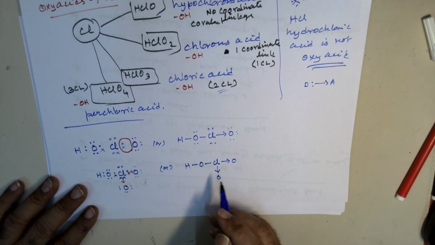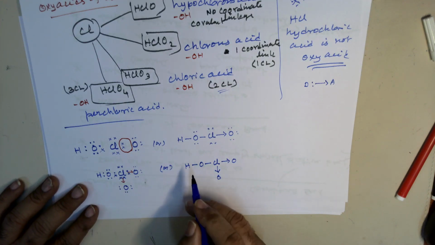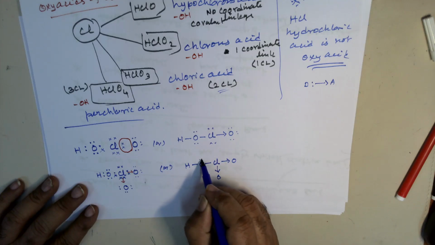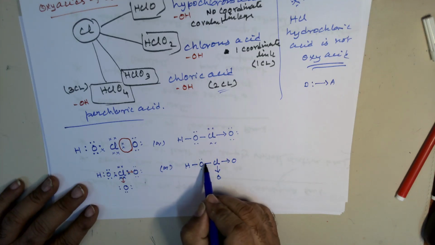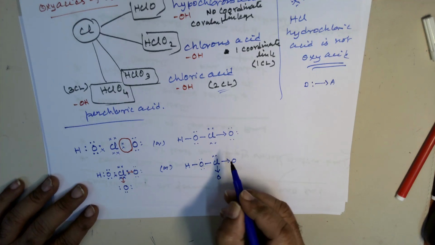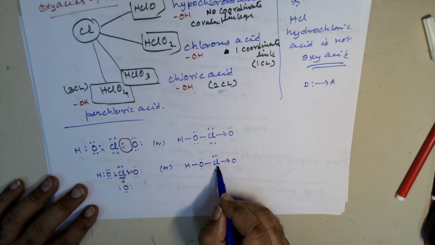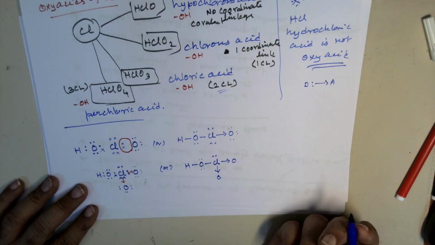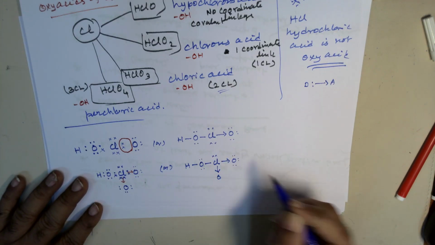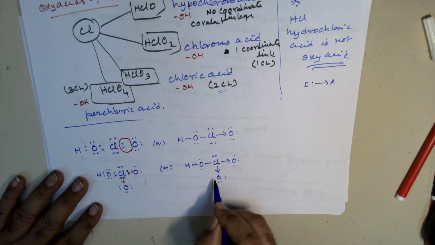I hope now you should be able to understand this, right? Now let us try to put the dot formula for oxygen: two, four, five, six. Done. And what about this chlorine? Two and four, six, then one, seven. Then two, four, six. Two, four, six.